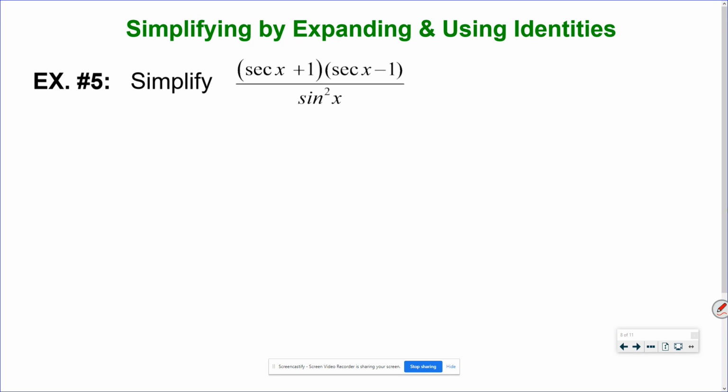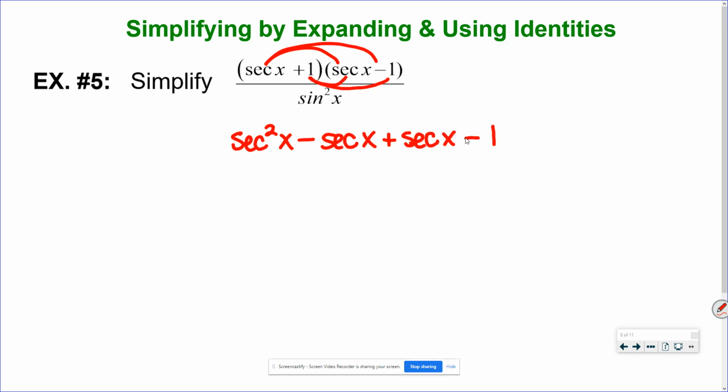So I'm just going to look at this and say, thinking about algebra, what do I see that I could do? The first thing that I think of is distributing, right? This is multiplication. I know I can distribute those things, so I'm going to do that. So that's going to give me secant squared minus secant of x plus secant of x minus 1, all on the top.